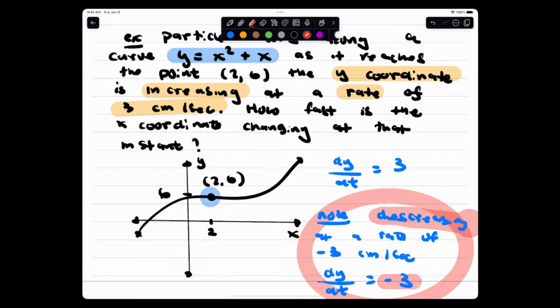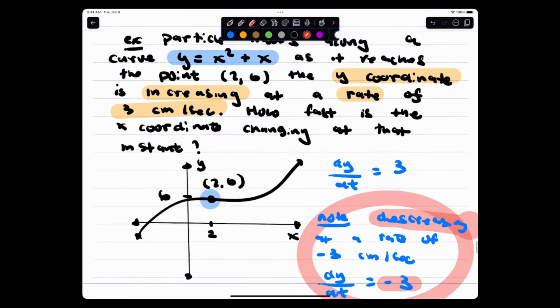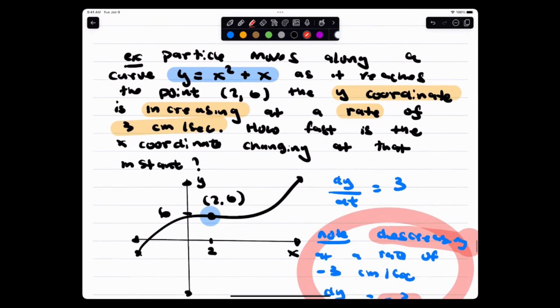Okay. No, it has to be negative. I'll check the notes. If you say decreasing, it's negative. Okay, good job. If they said decreasing at a number and it's positive, it's negative though.